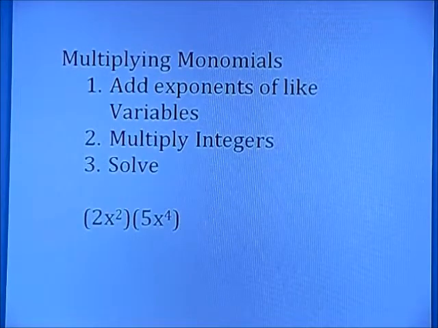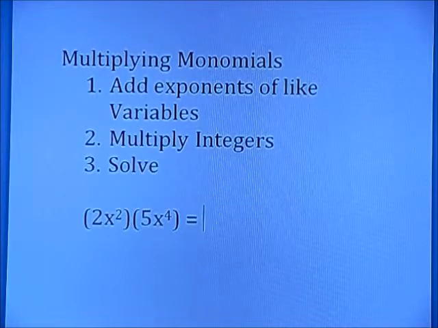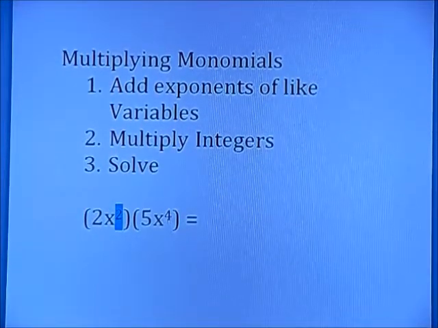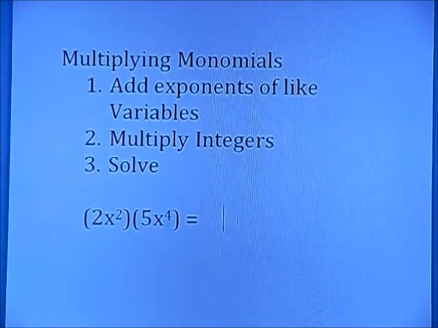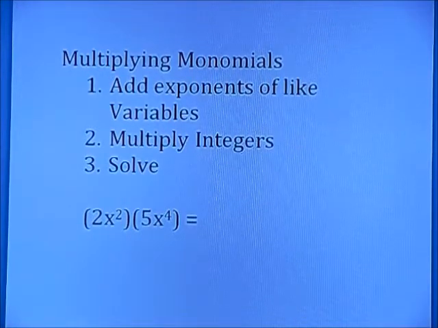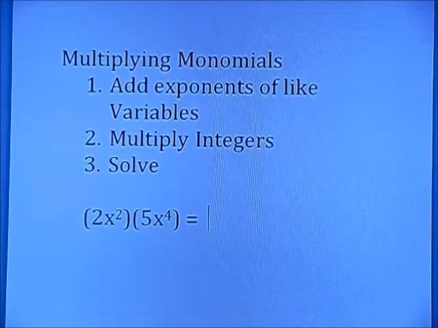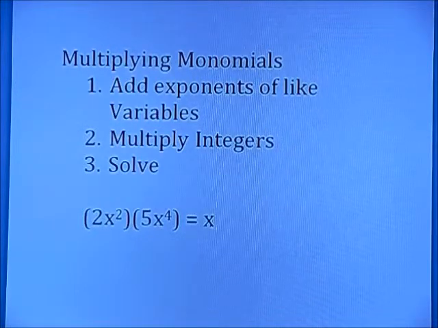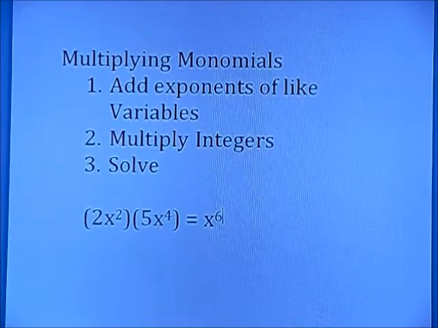Okay? So first things first, add your exponents. What exponents do we have here? We have 2 as an exponent, and we have 4 as an exponent. 2 plus 4 is 6.